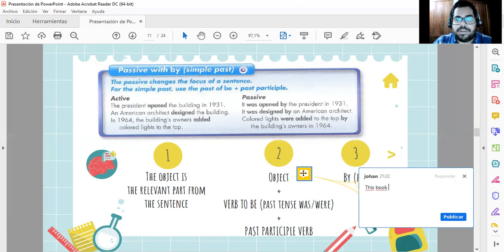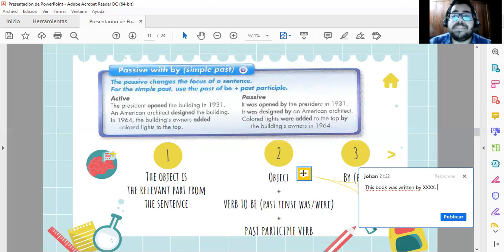Yes, verb to be was, because we're talking about this book, it's like it, right? The past participle is written, by whom? Which person? By this guy, okay? Take a look. So, teacher, what it says in there: "este libro fue escrito por" this author in there.